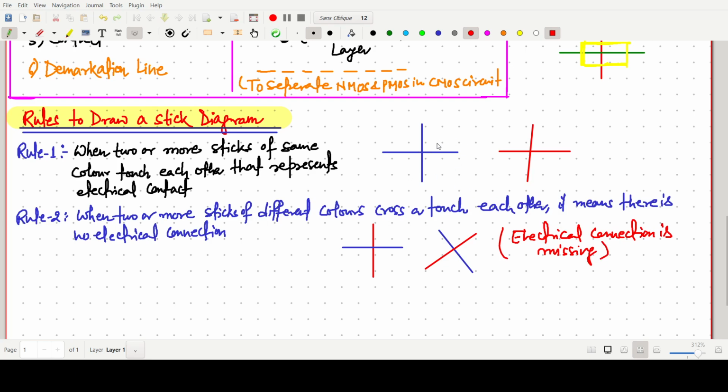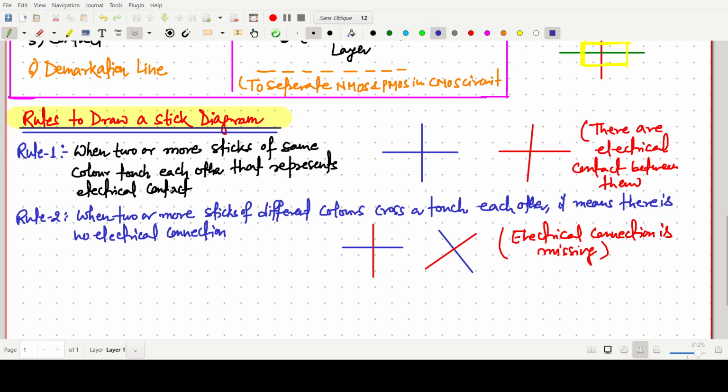But when having the same color, there is electrical contact between them. Okay, this is rule number two.